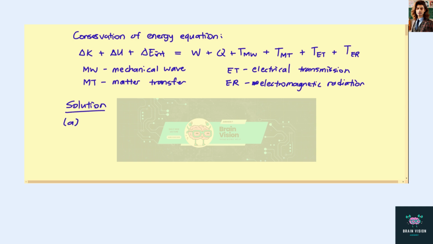In part A, the situation is the heating coils of a toaster after you switch it on, in the first 5 minutes. Assume that you did not move, so delta K will be 0 and delta U will be 0. On the left hand side, you are only left with delta E internal, because the heating coil is not moving.